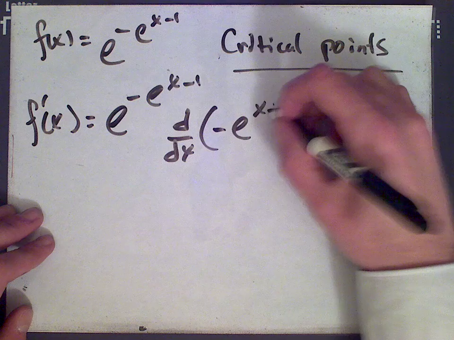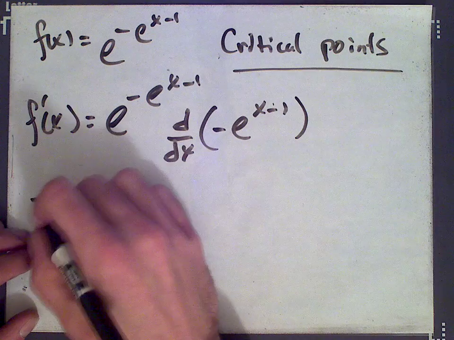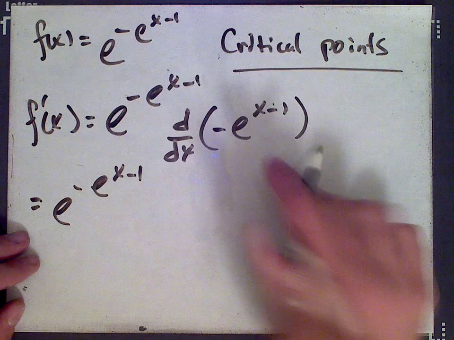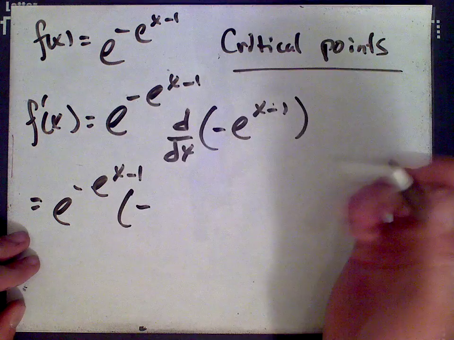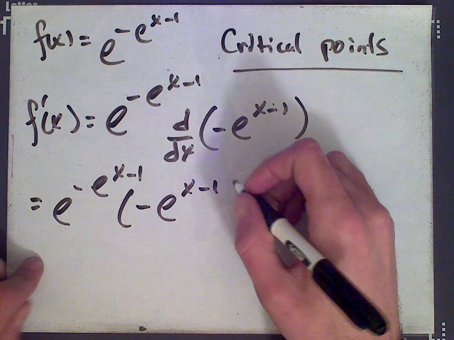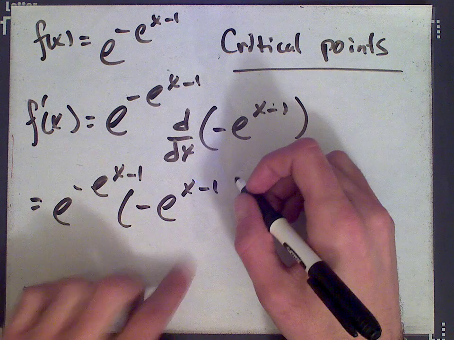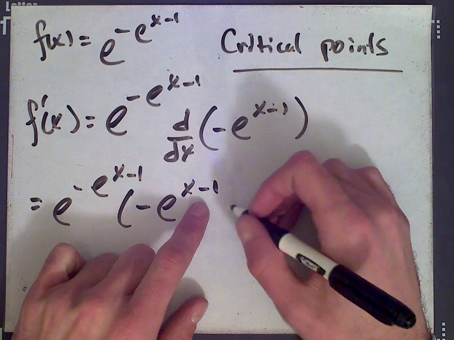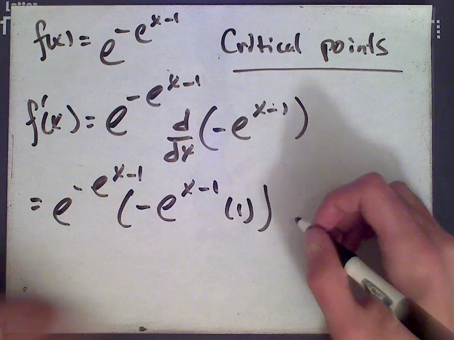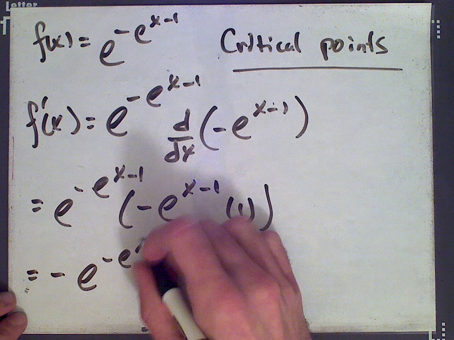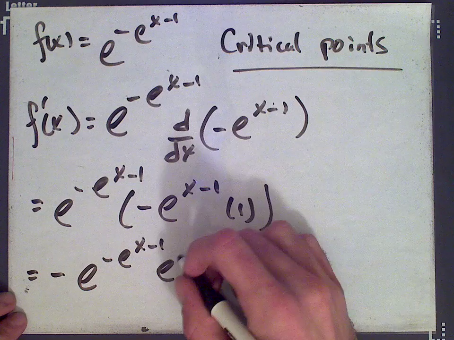So it's e to the negative e to the x minus 1. The derivative of this is going to be negative because of the negative sign. Again, e to the x minus 1, because the derivative of e to the power of anything is that function times the derivative of the function in the exponent, which is just 1. So finally, we get negative e to the negative e to the power of x minus 1 times e to the x minus 1.